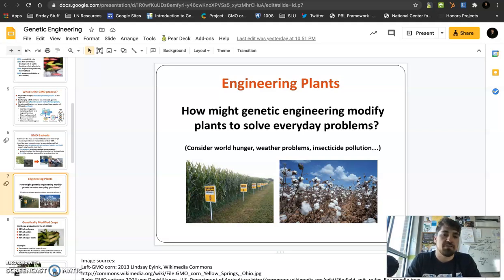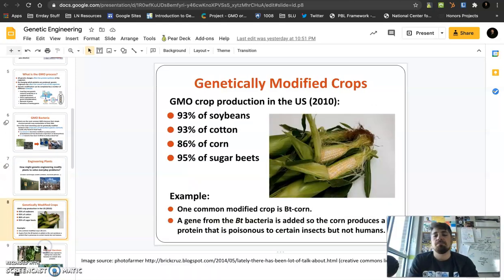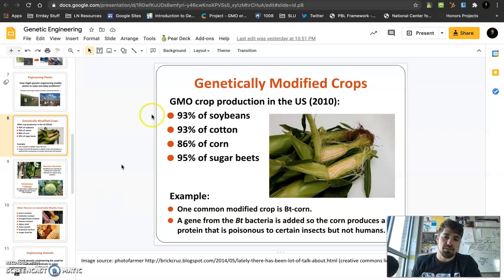Weather problems. You have insecticides, pollution, right? Instead of spraying all your crops with poison, we can manipulate the DNA to actually prevent insects from eating them. So couple examples here. GMOs when it comes to crops.